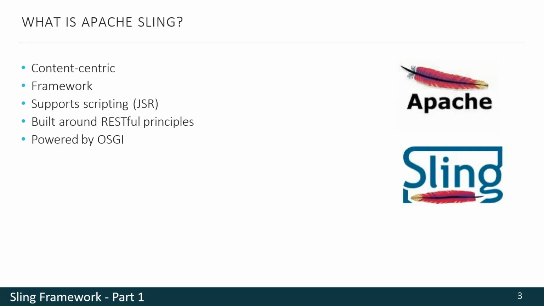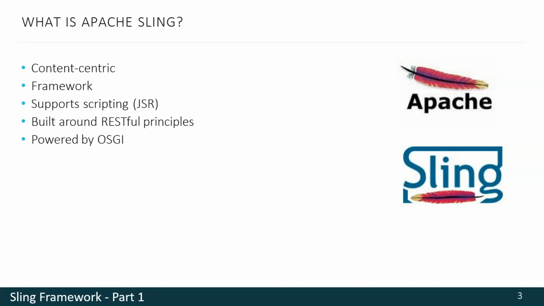So, what is Apache Sling? Sling started as an internal project of Day Management and was included in the installation of AEM. It has since been contributed to the Apache Software Foundation. It is a content-centric framework.